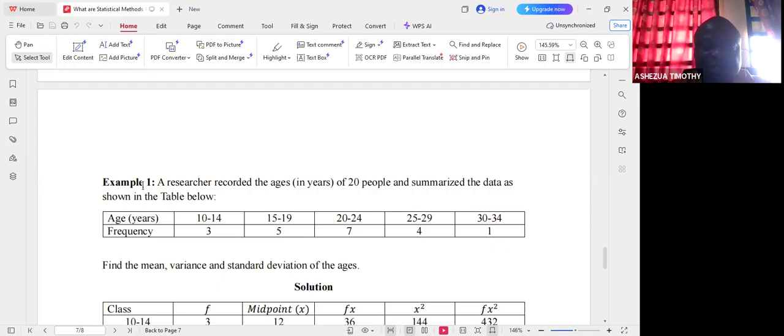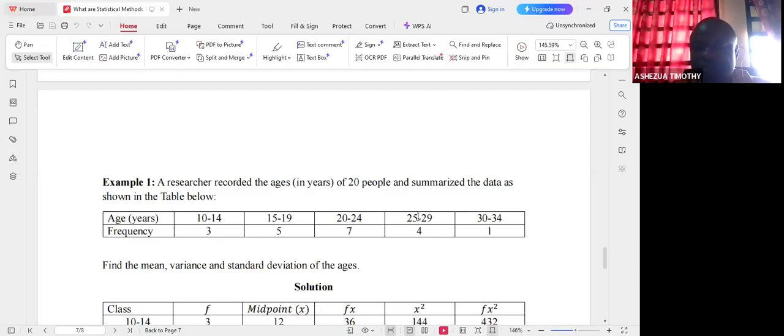As an example, example 1 says a researcher recorded the ages in years of 20 people and summarized the data as shown in the table below. Ages, of course, in years. Those between 10 to 14 years are 3 of them. Those between 15 and 19 years are 5. Those between 20 to 24 years are 7.